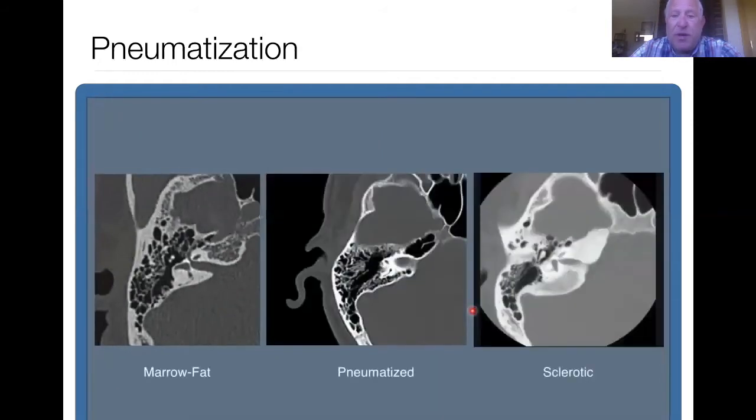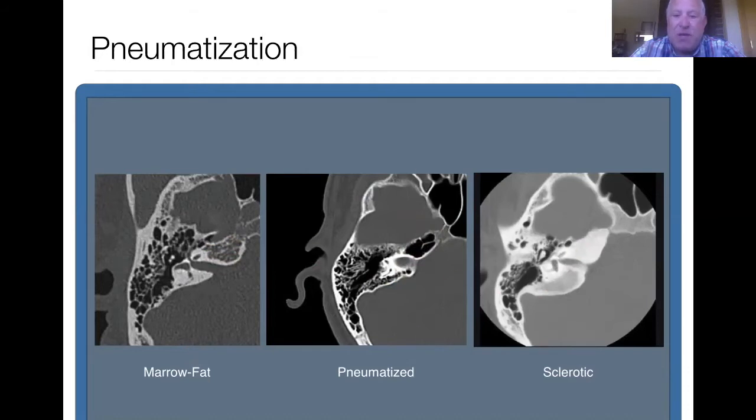So we can look here and we can see examples of all three of those. The bone marrow or the fat, which is a normal variation, includes about 60% of the population. The pneumatized, with air cells and a complete aeration of the Petrous apex, is about 30%. And sclerotic, where there are no air cells and it's pure solid bone, is very low, 7%.